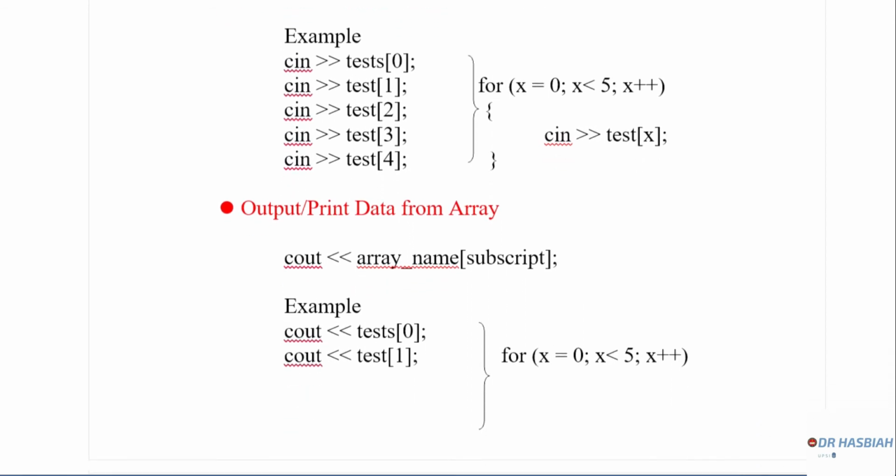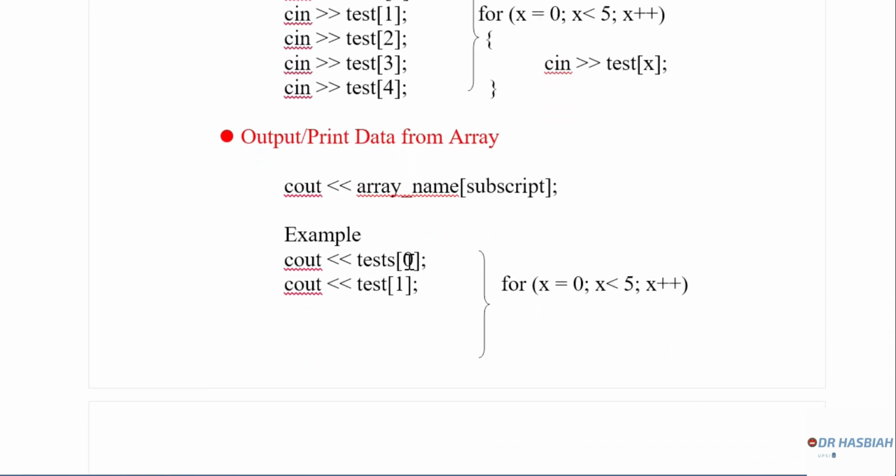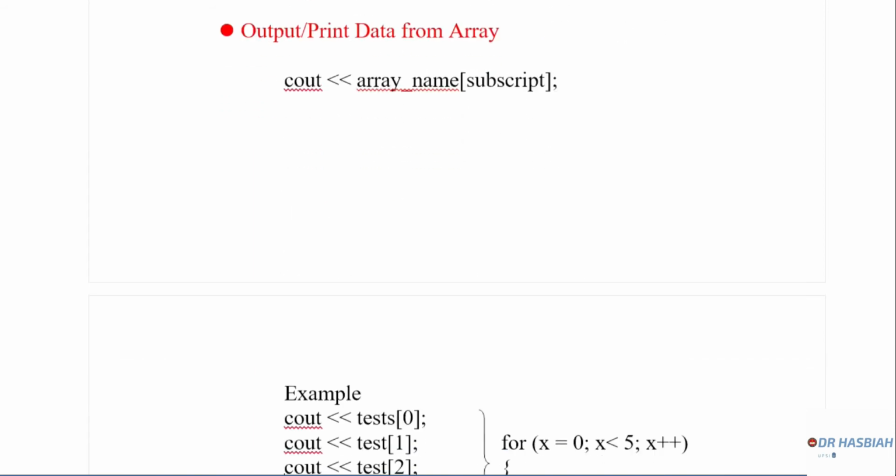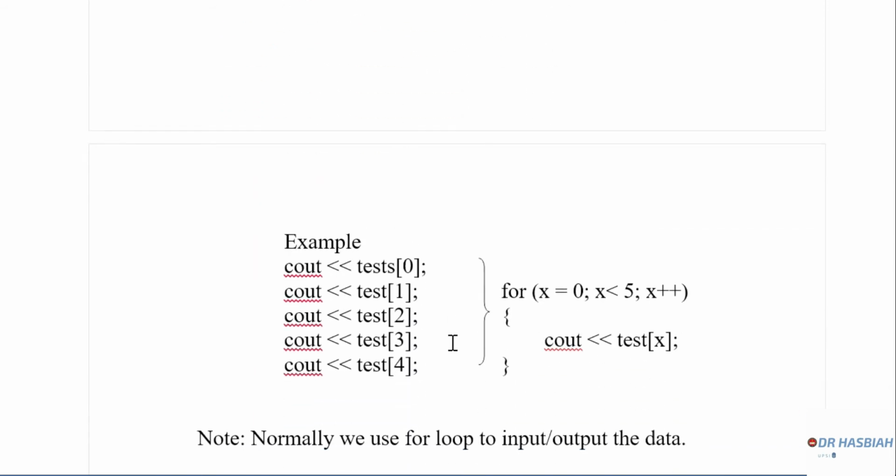Let's say I want to see the first element, cout test 0, because the subscript must start from 0. So cout test 1, and then we have cout test 2, cout test 3, and then test 4.